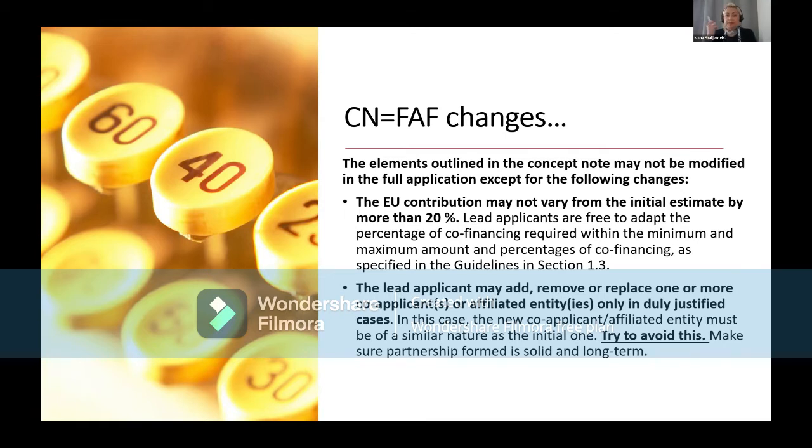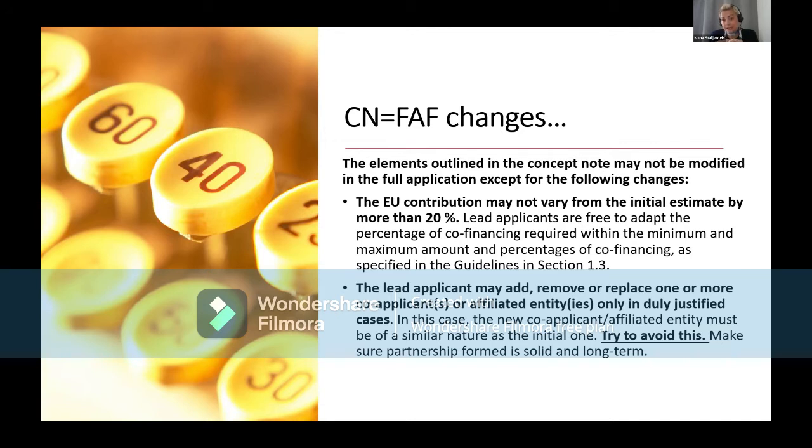You are free to adopt the percentage of co-financing, but you need to respect the minimum and maximum amount of co-financing from your side, the minimum 5% up to 40%. From the concept note phase to the full application phase, you can, as a lead applicant, add, remove, or replace one or more co-applicants or affiliated entities only in duly justified cases.